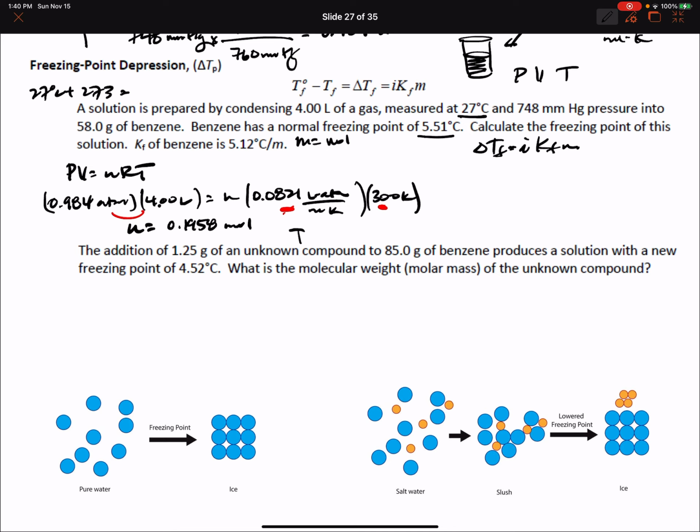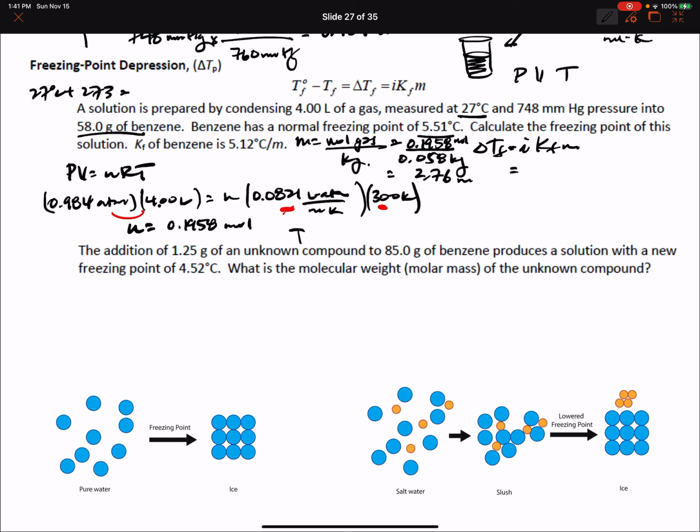Molality is still the moles of gas, in this case, over kilograms of benzene. And so it's going to be 0.1958 moles over kilograms of benzene, divide by 1,000, just like we did in the previous problem, by 0.058, 2.76 molal.